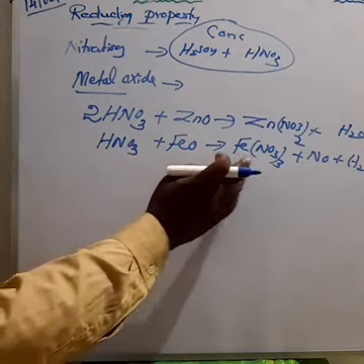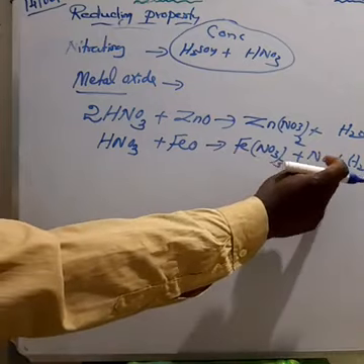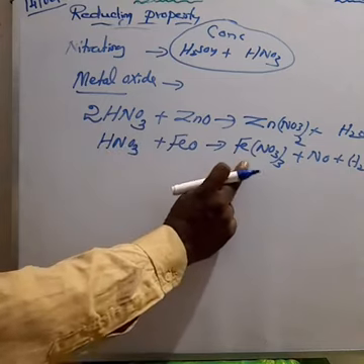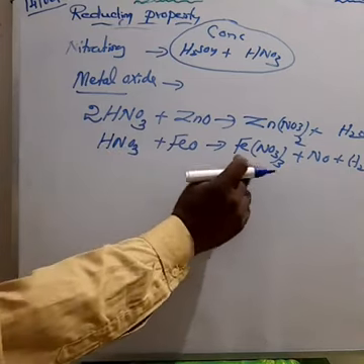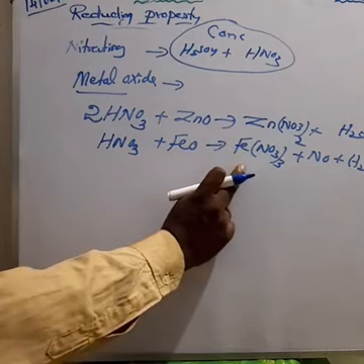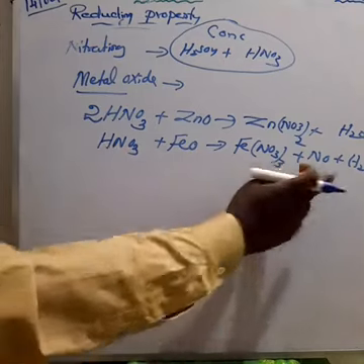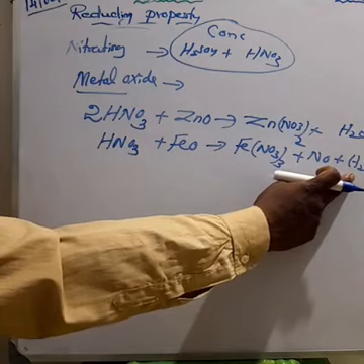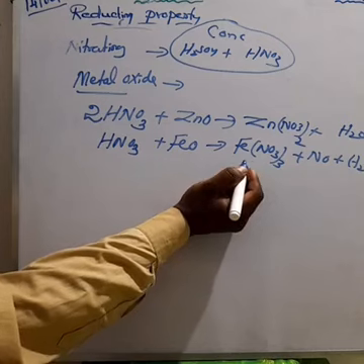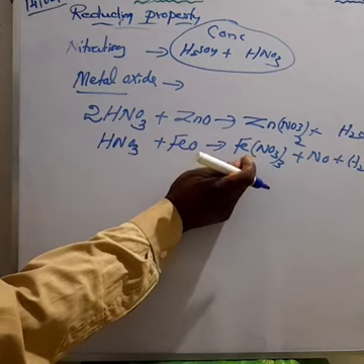So how can you balance the equation? The reactant side has 1 Fe, the product side has 1 Fe. The reactant side has 1 hydrogen, the product side has 2 hydrogen. How to balance the nitrogen?